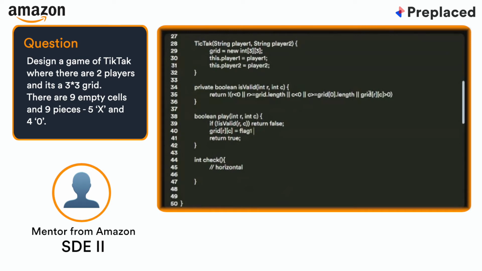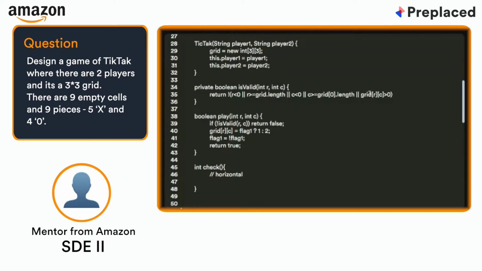If my flag 1 is true, which means my first player is playing, I can say grid[r][c] is equal to 1, else 2, because I assign 1 if player 1 is playing and 2 if player 2 is playing. And then I will just toggle my flag because the next entry should be of player 2. And I'll be returning true because this is a valid entry.